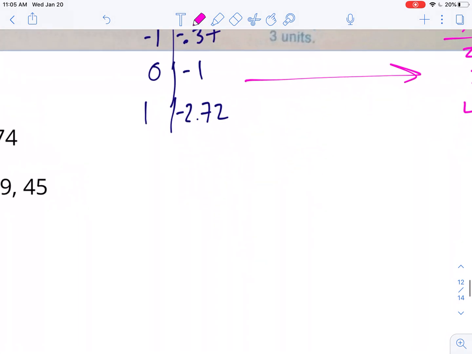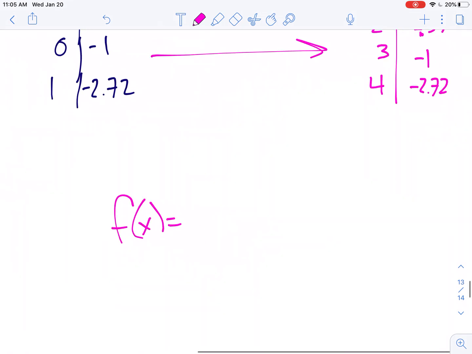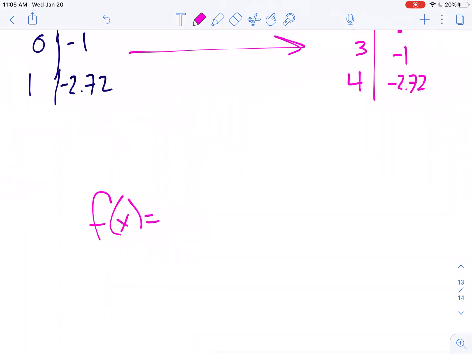Our general form for this is going to be a little bit different. So I'm going to say, yeah, let's do this. f of x is equal to a times e to the bx minus h, plus k.